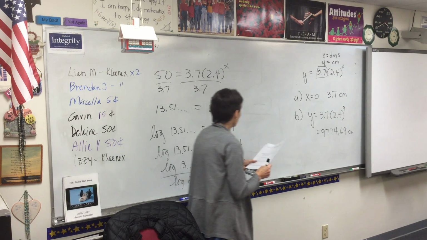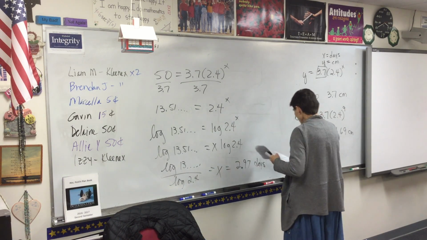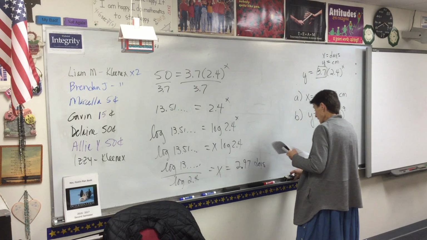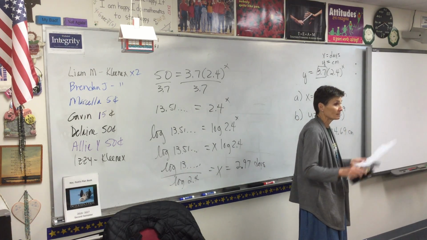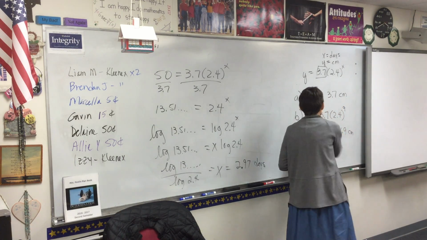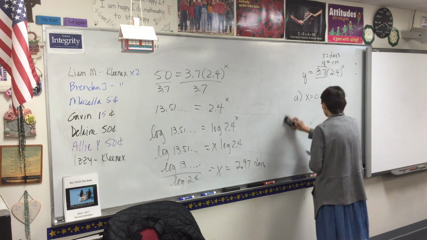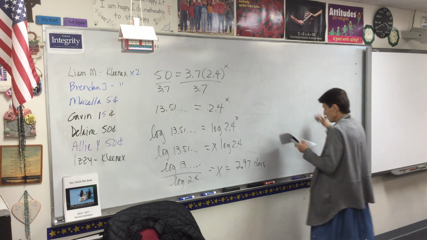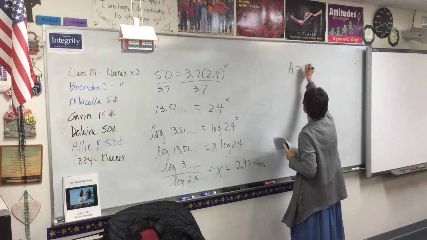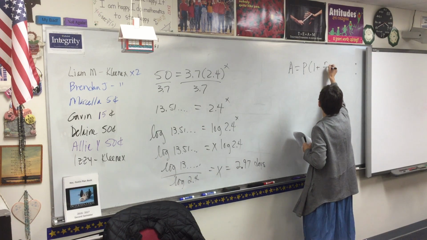All right. You deposit $300 in an account paying 2.4% interest, compounded monthly. Stop right there. Compounded monthly. You know what formula you're going to use in this problem. Compounded monthly means you're going to be using this one.